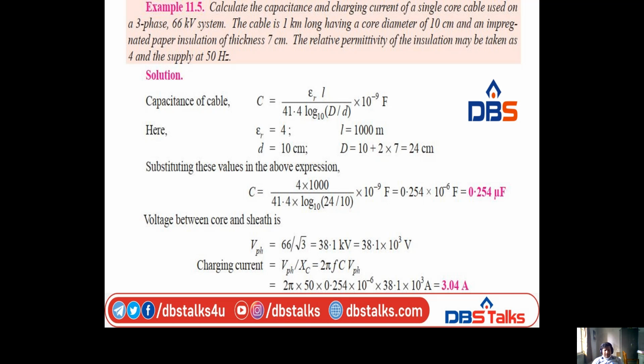So you have to find out that one. First you have to calculate the C phase, right? C is equal to epsilon r L by 41.4 log D by d base 10 into 10 power minus 9 farad.